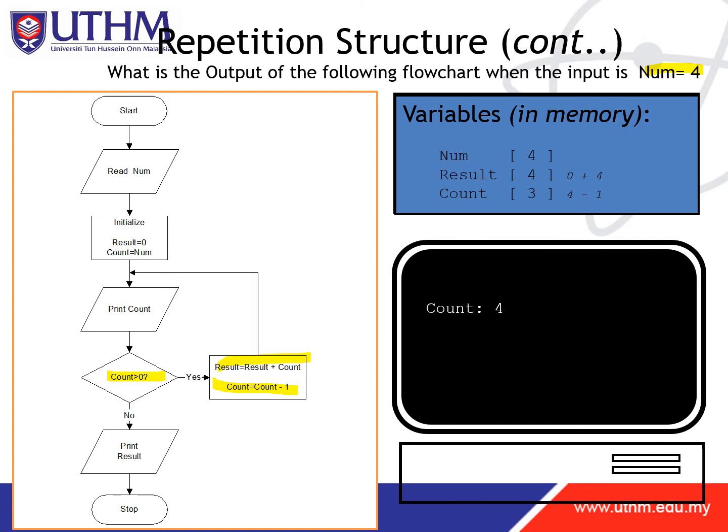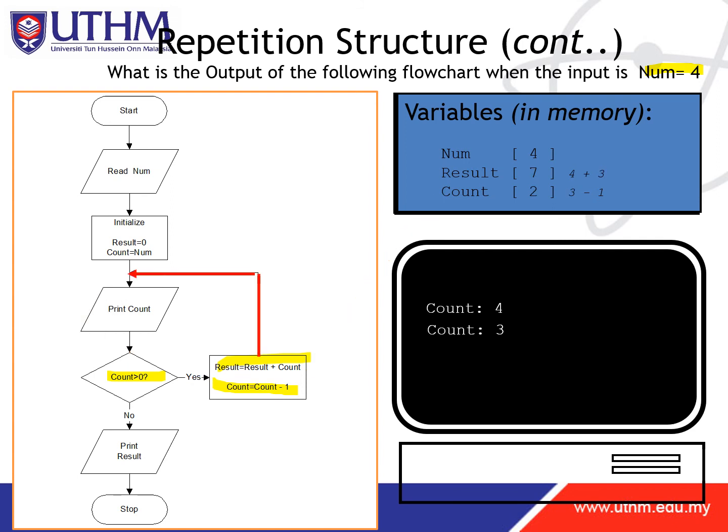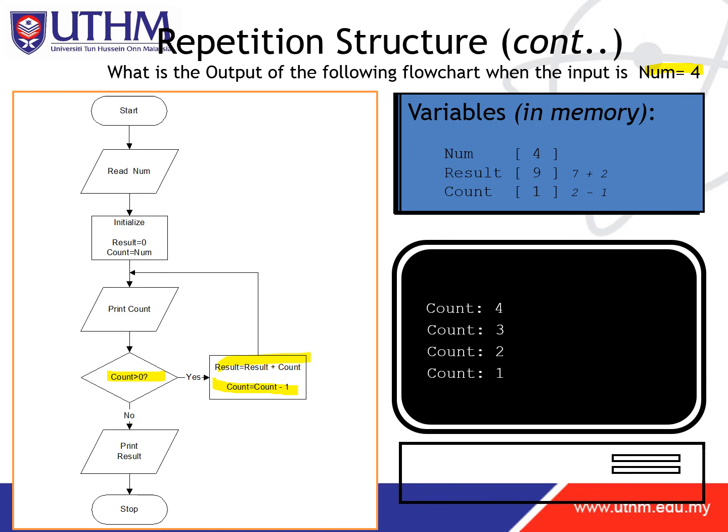So you will go back to it and you will keep running. Okay, 3, and then you will keep running, and then you will get the answer. Now number equal to 4, result equal to 7, and then count equal to 2. Okay, so it will keep running until the count becomes 0. So you can try this hand tracing at home.